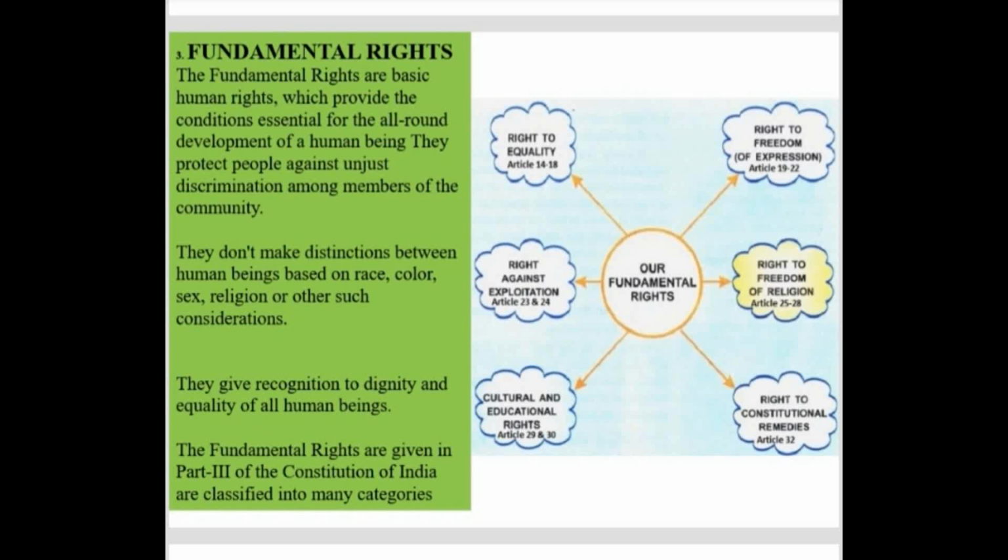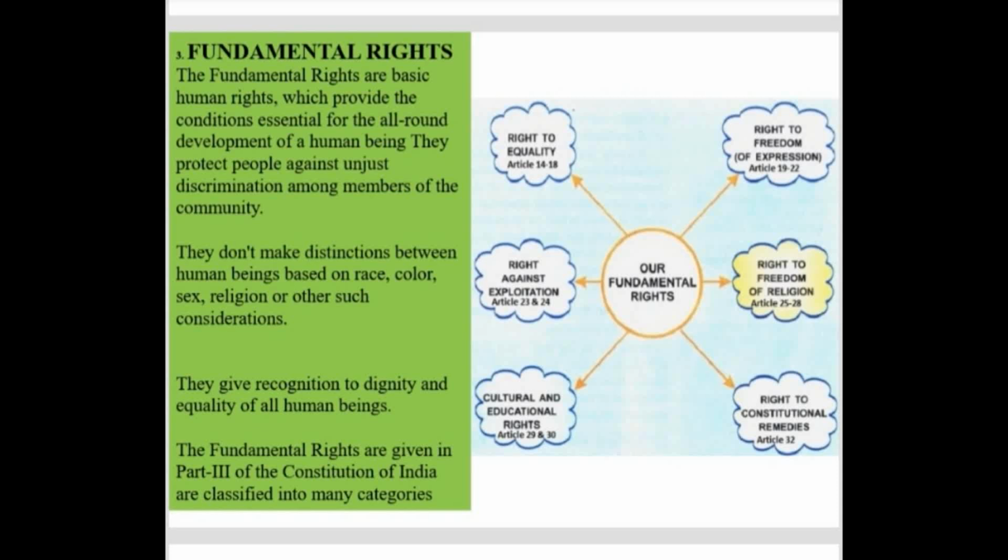So these rights will help in the all-round development of people, and they also protect people from discrimination within the community. Within a group of people there will be a lot of differences, and due to these differences a certain section of people will suffer. To avoid such discrimination and suffering, common fundamental rights have been given to all people in this country, so that they can be free from discrimination.